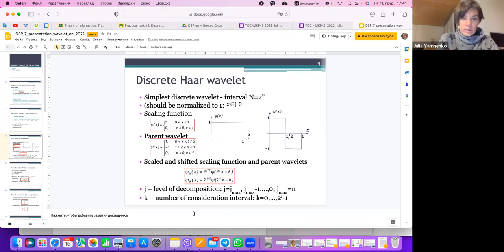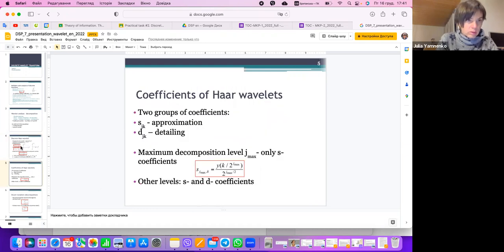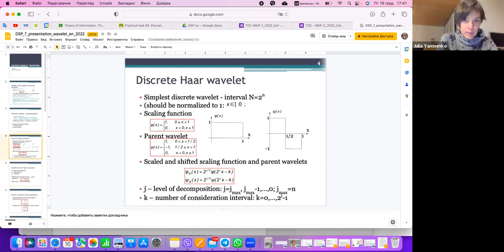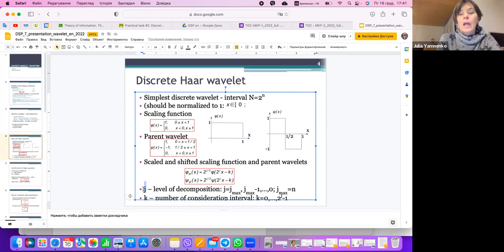The first counter, marked as J, is the number of the level of decomposition, and this number will change from the maximum value, so it will decrease till 0. A little bit later, I will explain how to define the maximum value. But anyway, this number of the level will change from the maximum value till 0.